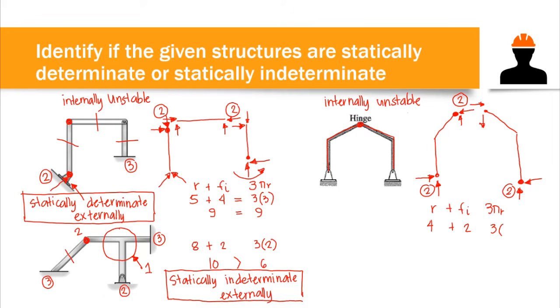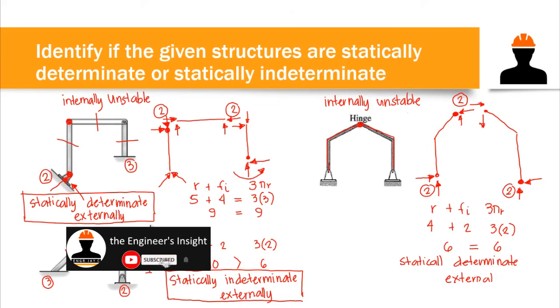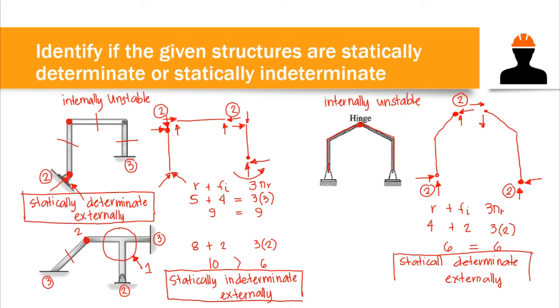So overall, we have 2 rigid members. So we have 4 plus 2, which is 6, and this one is 6. That means we have an equal sign. So we can say that this one is statically determinate externally. So we can use the equilibrium equations in computing the unknowns.